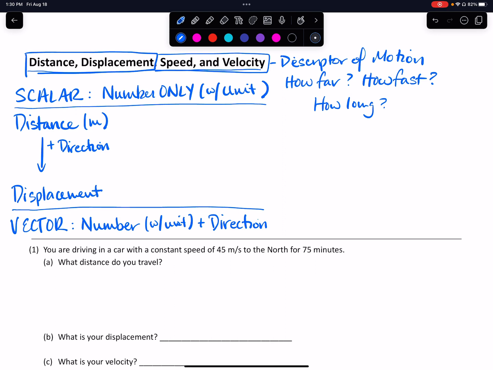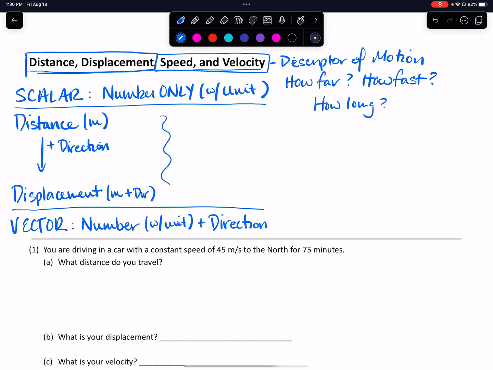So if a car moves down the highway 45 meters, its distance traveled is 45 meters. But if it moves those 45 meters to the north, then we'd say that object has been displaced 45 meters to the north. So we continue to use the unit plus the direction.